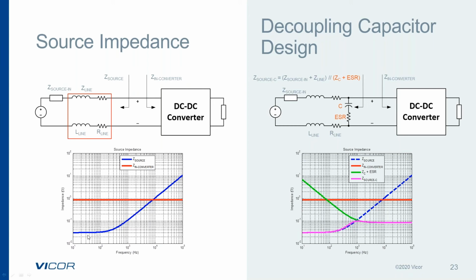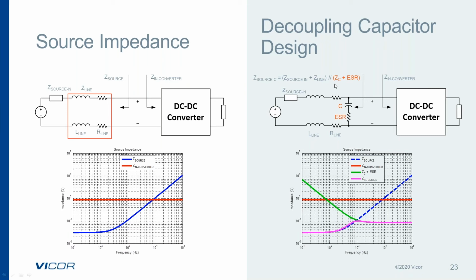And as we see here, as the frequencies increase, the source impedance will increase. And here we can actually get into a point where we create an unstable condition, where the input of the DC to DC converter can be unstable. We'll have startup issues and performance issues in case of a dynamic load.